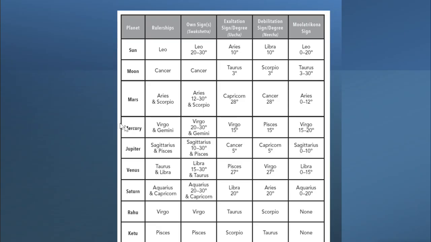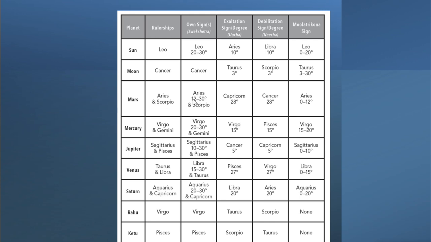For Mars, its Mool Trikon is 0 to 12 degrees, and the rest of Aries is its own sign. Scorpio is anyway its own sign.